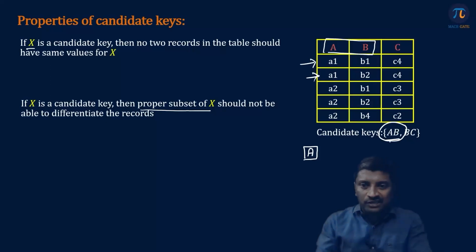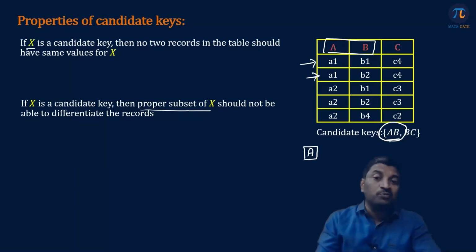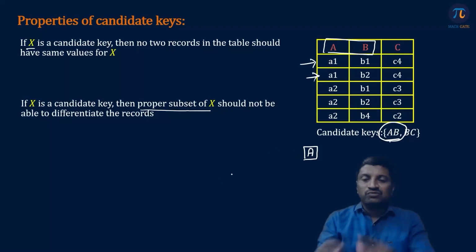Since it is a candidate key, surely it must be minimal. Since it is minimal, A should not be able to differentiate the records uniquely. Is that clear, sir? So whenever I have a candidate key with two or more attributes, if I consider some proper subset of that candidate key, it should not be able to differentiate the records of the relation.